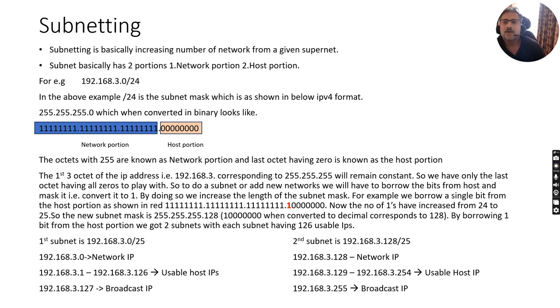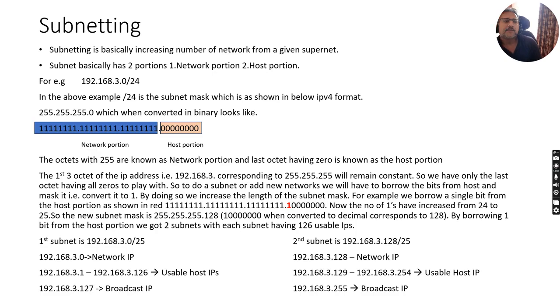Now, if you are working for an organization, and suppose there are several departments like HR department, financial department, similarly other departments, and you want to have different subnets for each department. So what will you do?